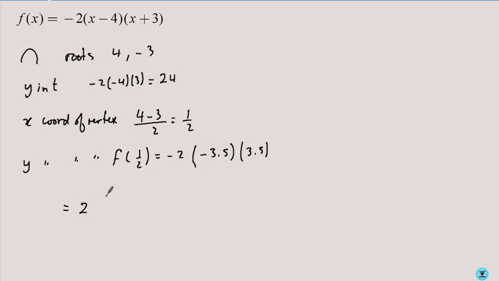Keep the 2. 3.5 times 3.5. You're going to have the 25. A point, and then 3 times 1 more than the 3. 3 times 4 is 12. So 12.25. This is a shortcut. If you don't like it, you can use the calculator, or you can multiply in any way. So 2 times 12.25 is 24.5. And I'll leave sketching to you.